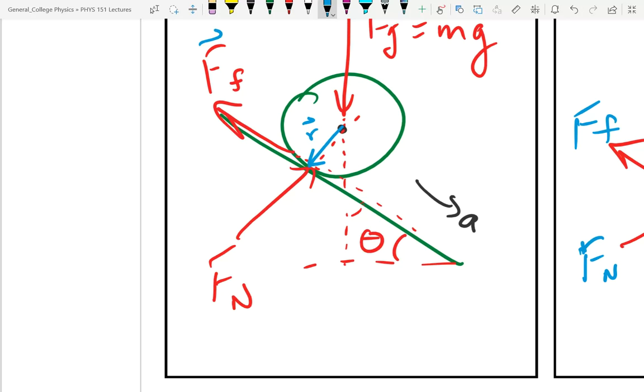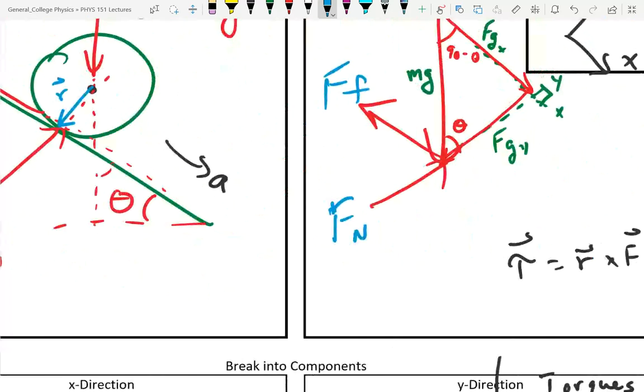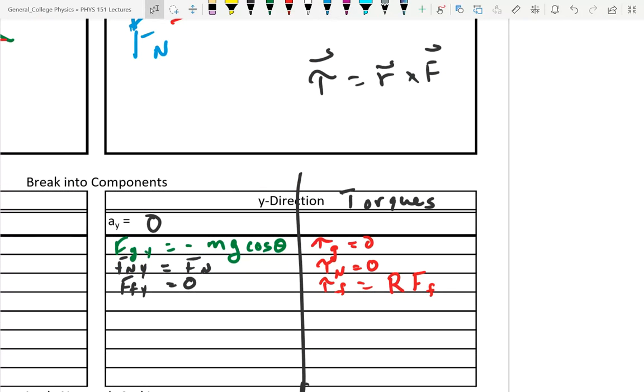Using my right hand rule, I take my right hand, make my index finger point parallel to R, and then keeping my index finger pointing that direction, I rotate my hand so I can make my middle finger point in the direction of the force. And so it's like that. My thumb points in. What does that tell me about the sign? Negative. And so I have the torque due to friction is negative radius of the object times the force of friction.